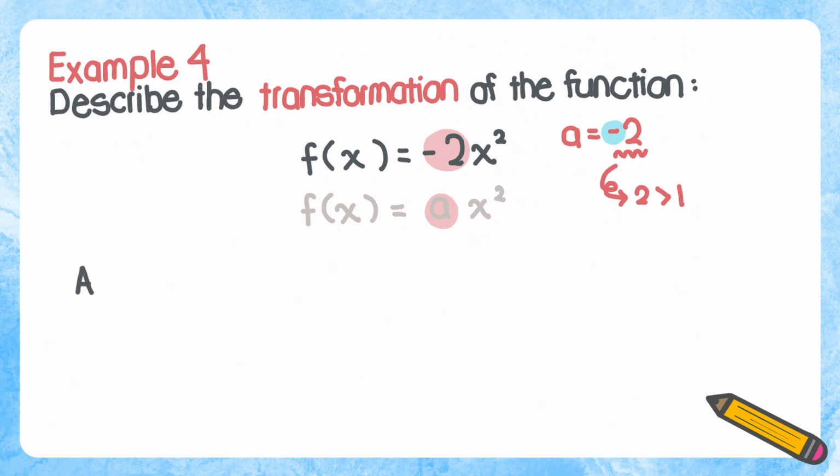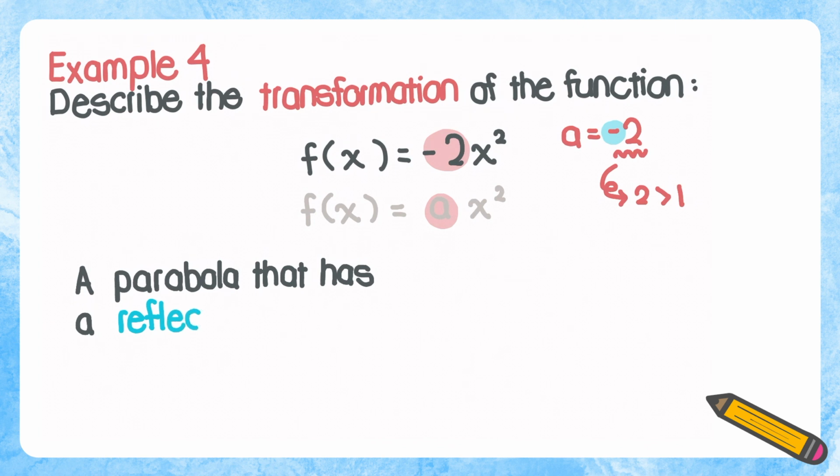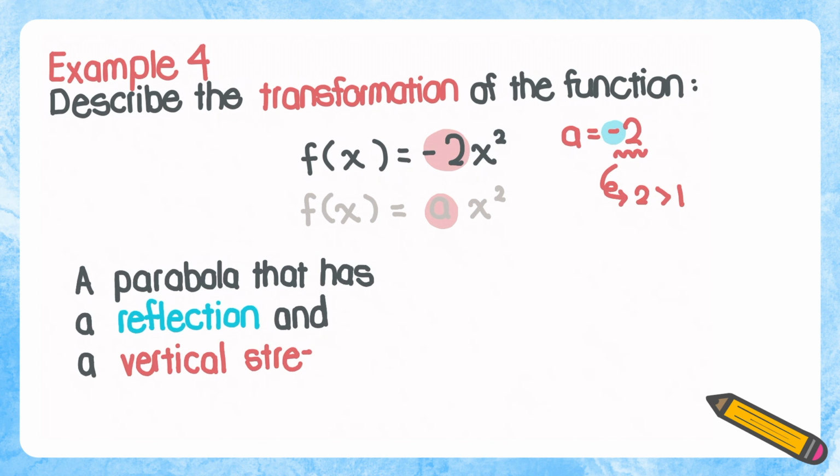So we have a parabola that has a reflection and it also has a vertical stretch, so it also becomes narrower.